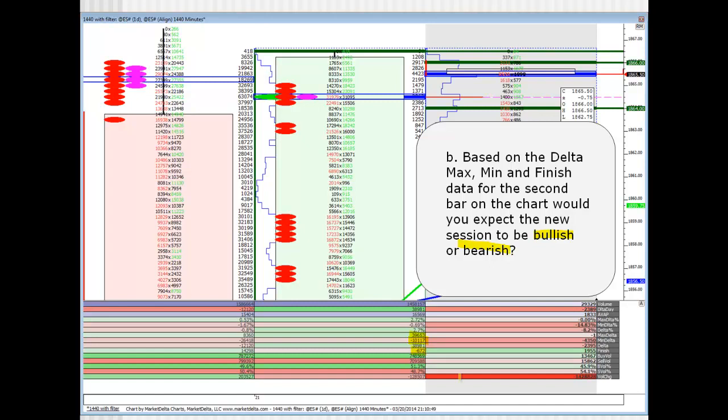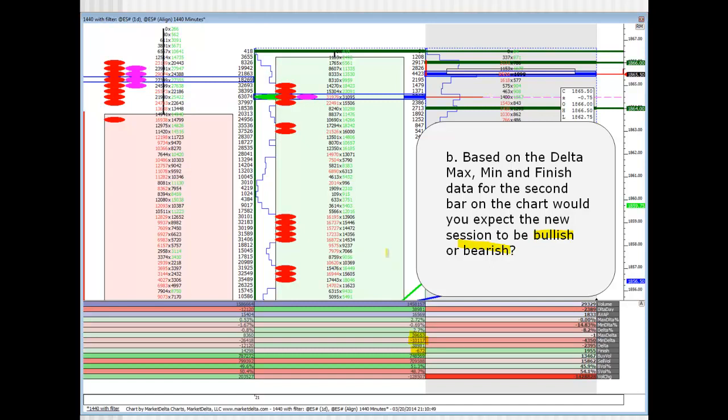Well, I have a negative finish, so by virtue of the fact that I have a negative finish, that immediately tells me that it was the buyers that were really more dominant towards the end, or just before the close. And they encountered a little bit of selling, ever so little, minus 672, relative to a max delta of 39,653.